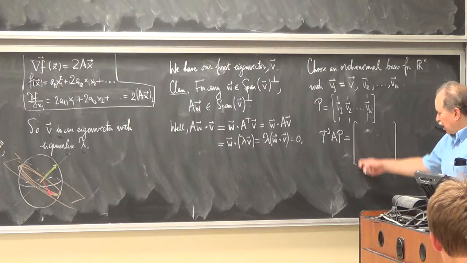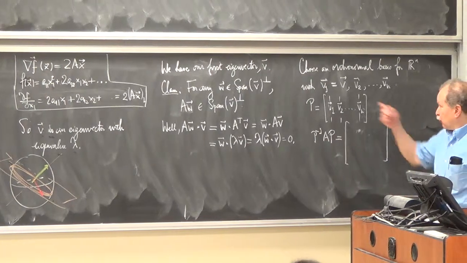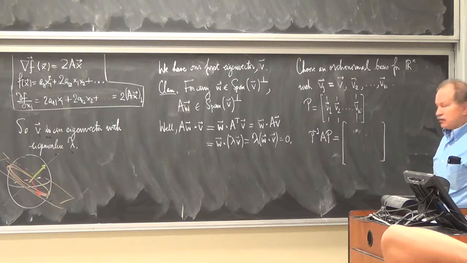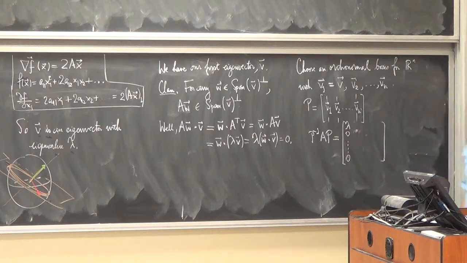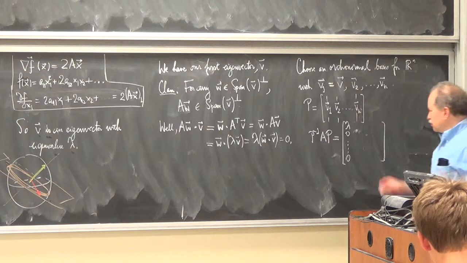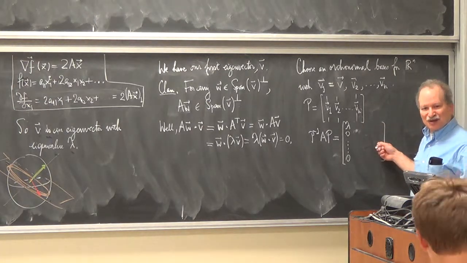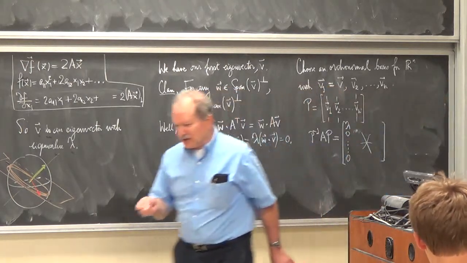Well, first column is going to be what A does to the first basis vector in terms of the new basis. Stretches it by lambda and leaves all the other components 0. And then you have junk here. So this should be reminding you of homework that you did recently. But here's what's different from what you did in homework.